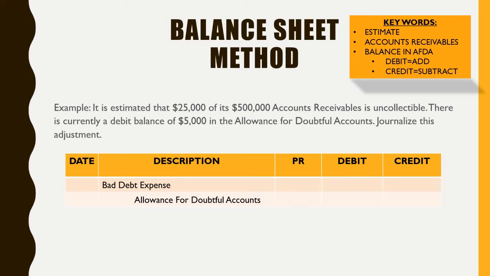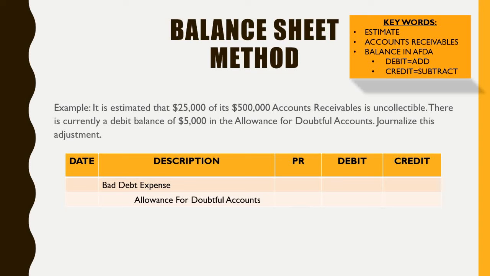It is estimated that $25,000 of a $500,000 accounts receivable is uncollectible, and there's a current debit balance of $5,000 in the allowance for doubtful accounts. Journalize this adjustment.